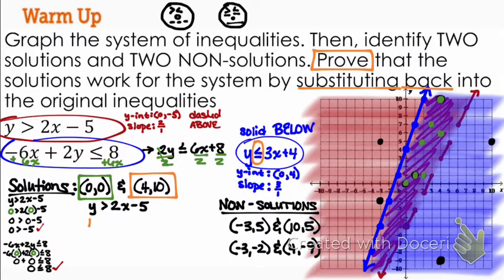I want the y part of the ordered pair. 10 is greater than 2 times, what are we putting in for x? 4, minus 5. What's 2 times 4? 8. So I have 8 minus 5. What's 8 minus 5? 10 is greater than 3. Is that true? Yes. 10 is bigger than 3.